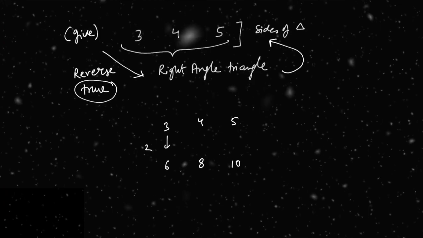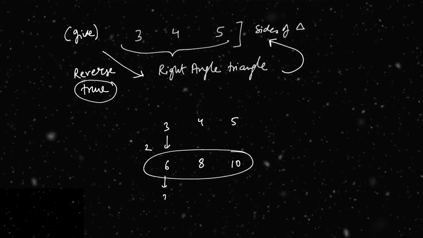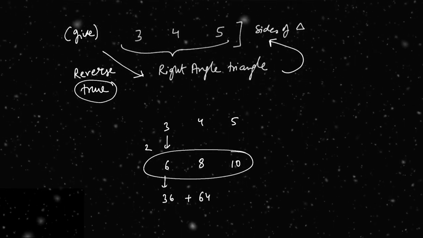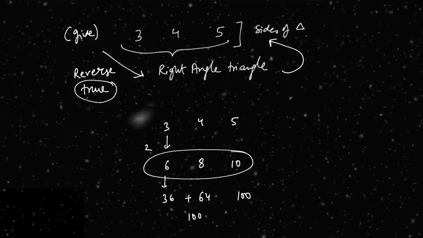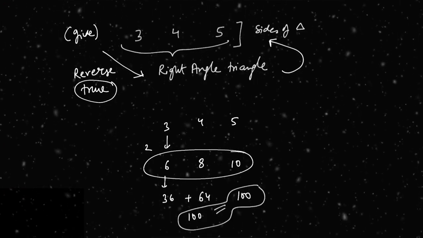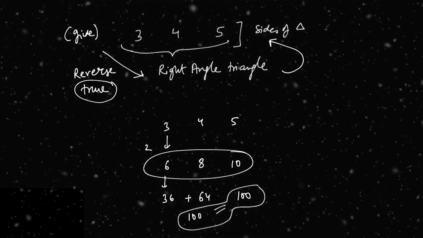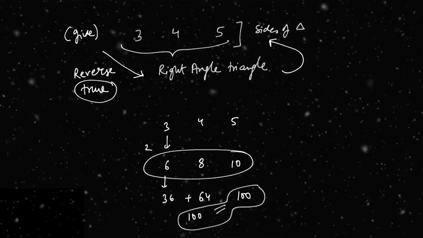And see, 6, 8, 10, this set of numbers is also a Pythagorean triplet. Now let's check. 8 square will be 64 and 10 square is 100. Now 36 plus 64 is 100. As you can see, it satisfied. So we can conclude that the multiples of Pythagorean triplets also satisfy the Pythagoras theorem.